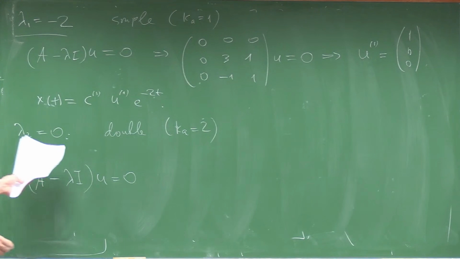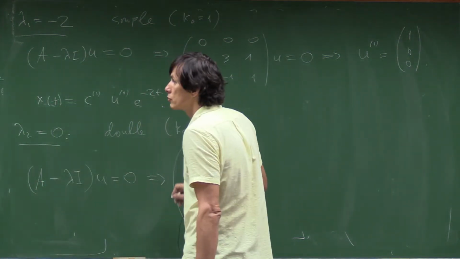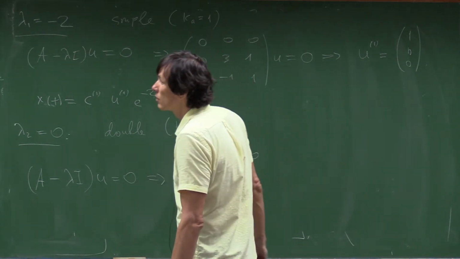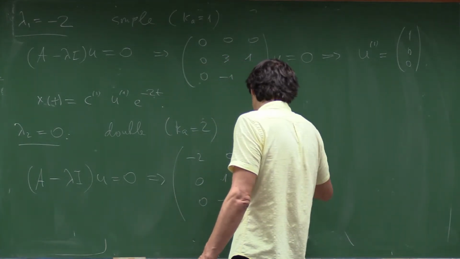Now you subtract 0 from the diagonal, so you just don't change the matrix: 1, 1, minus 1, minus 1.